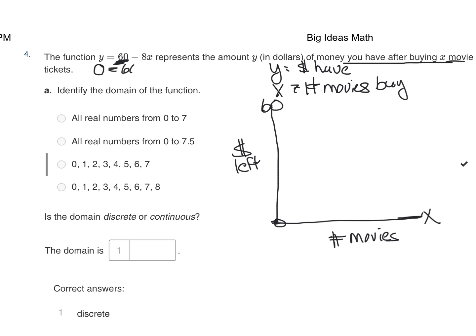So if I substitute y with 0, then I'm going to get negative 60 equals negative 8x. So we're going to divide by negative 8. So it'll go in there 7.5 times.